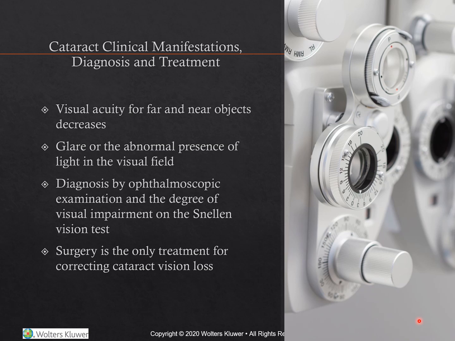We diagnose cataracts through ophthalmoscopic examination to look at the degree of opacity within the cataract. And we also test for visual impairment on things like a Snellen chart. Surgery is the only treatment for correcting cataract vision loss. Surgery for cataracts is a relatively simple and very, very common procedure.